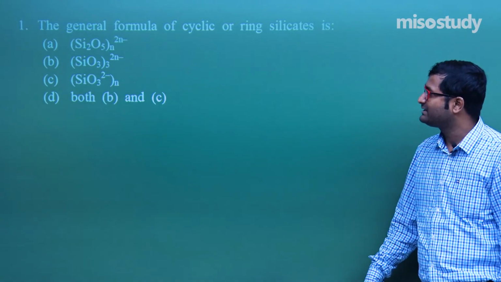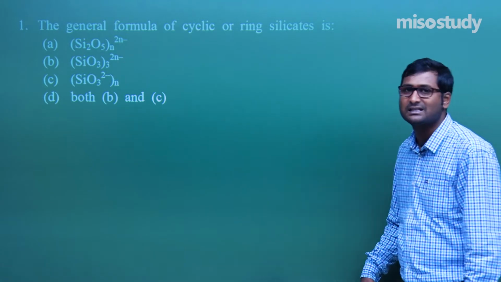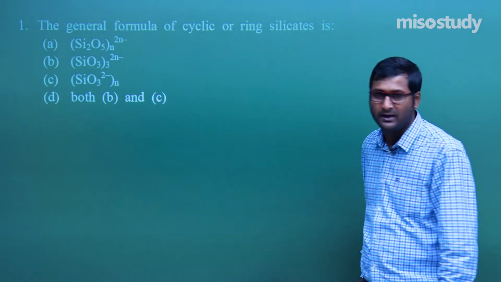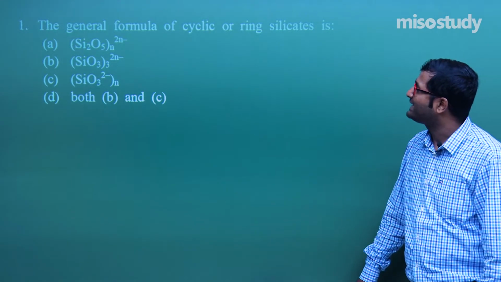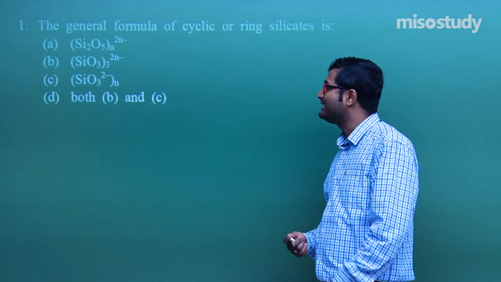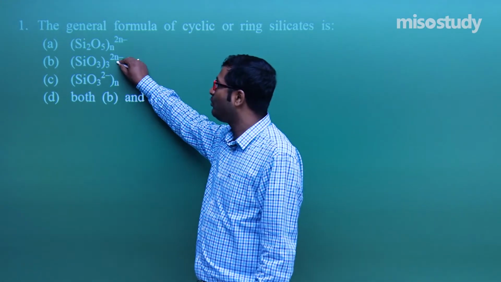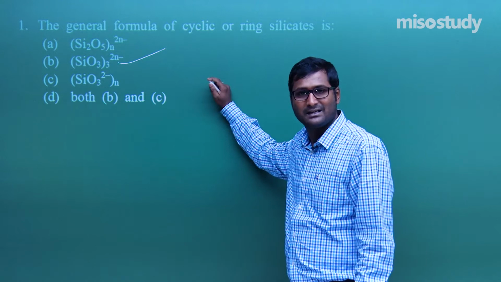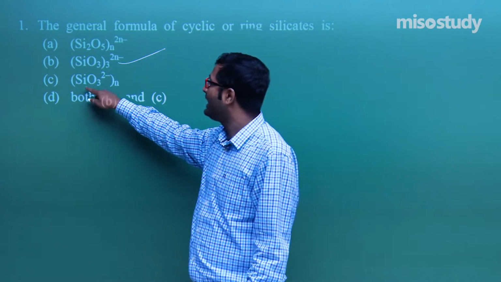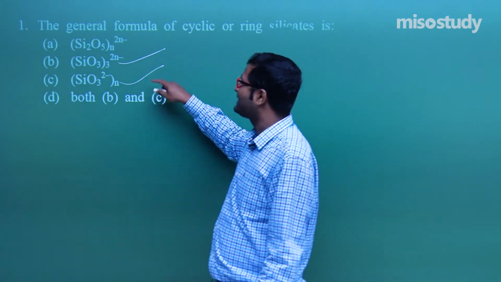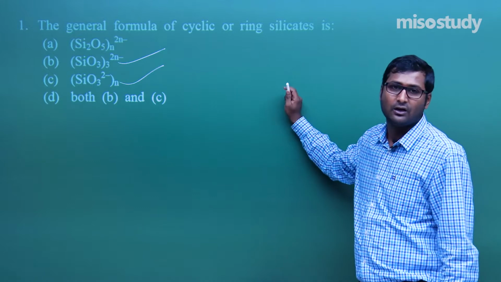My first question is the general formula of cyclic or ring silicate. This is completely theory based question. Tell me, what is the general formula of cyclic or ring silicate? As I told you earlier, (SiO3)n 2n minus, that is the structure of cyclic ring, and a formula that SiO3 2 minus, and this is also the formula of cyclic or ring structure.